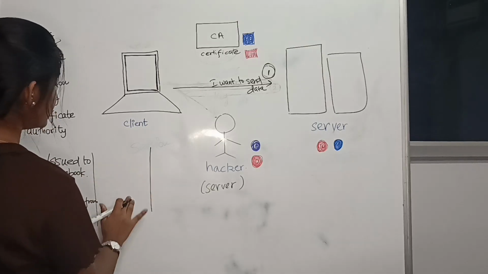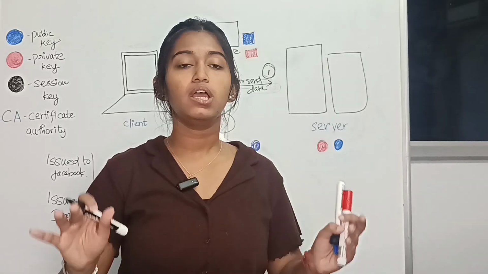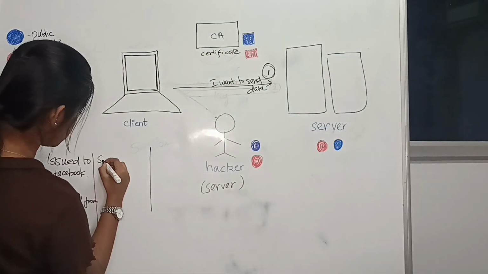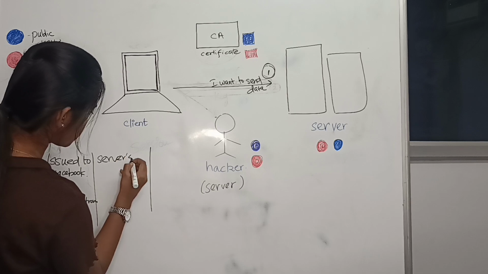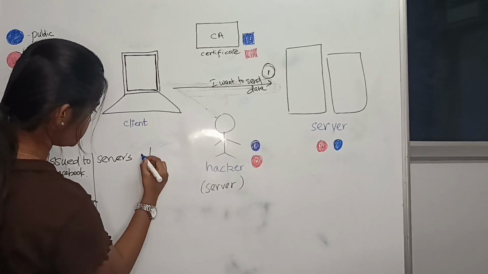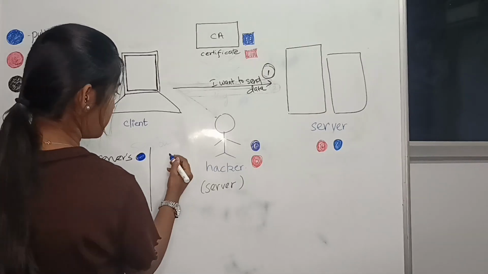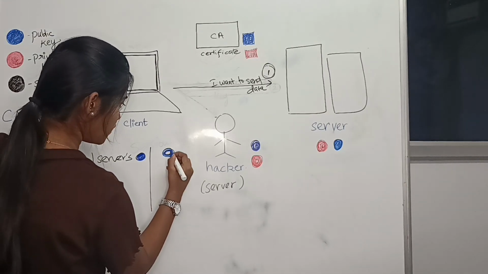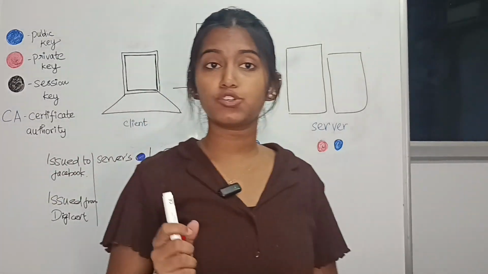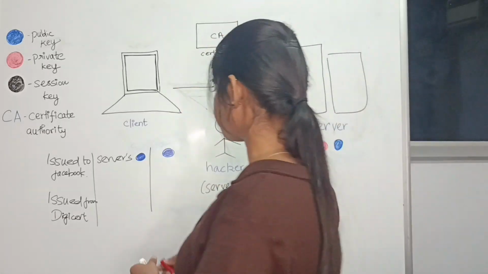Here the server's actual public key, which has not been touched, which is raw, is present. Here again the server's public key is present, and one more thing is present: the private key of the certificate authority.